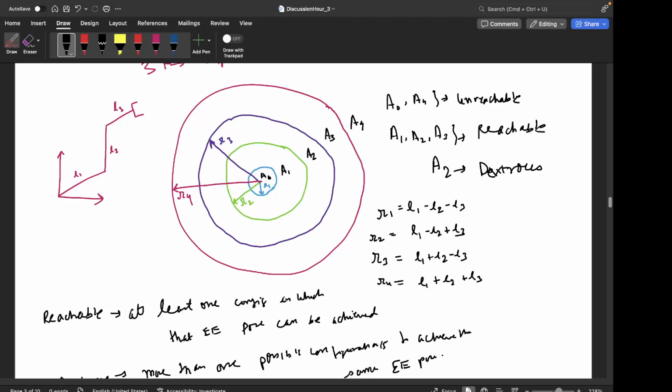But if the point of interest is in the reachable workspace, and the configuration in which the robot can reach that pose is blocked by some obstacle, then there is no other way to reach that point. So the importance of reachable and dexterous workspace becomes more crucial when we have other constraints in the operation of the arm.